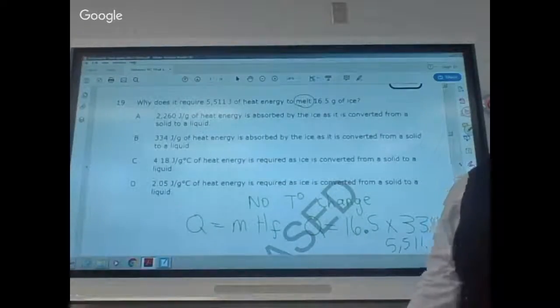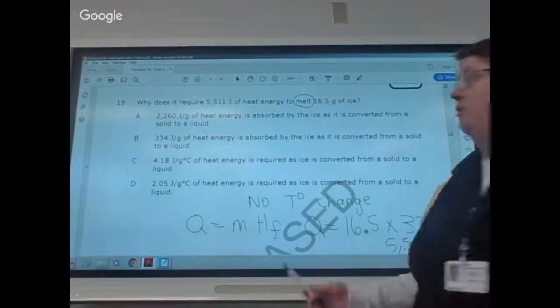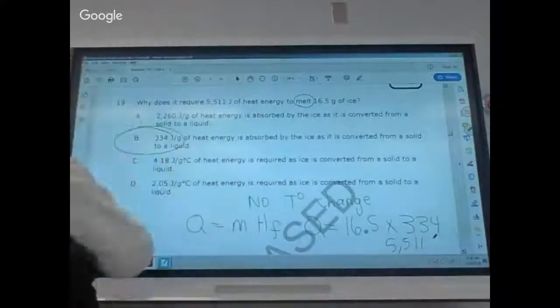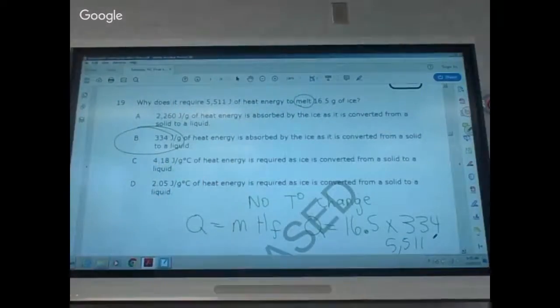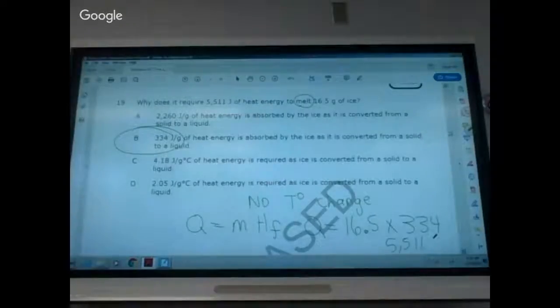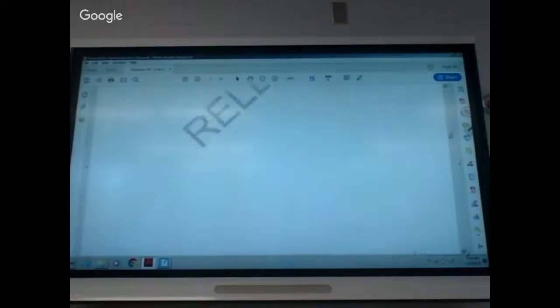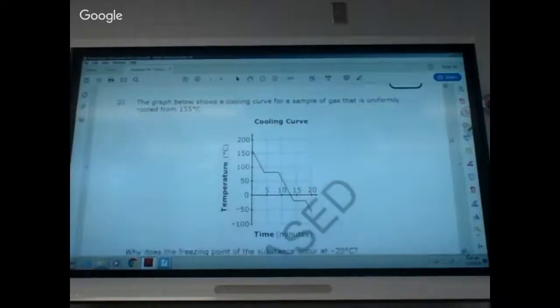And when you look up HF and you find out it's 334, you know the answer is B. All the question's asking you about is, do you know what formula to pick? And do you know what constant to use? Clearly you do not. I got it right. You're welcome as well.